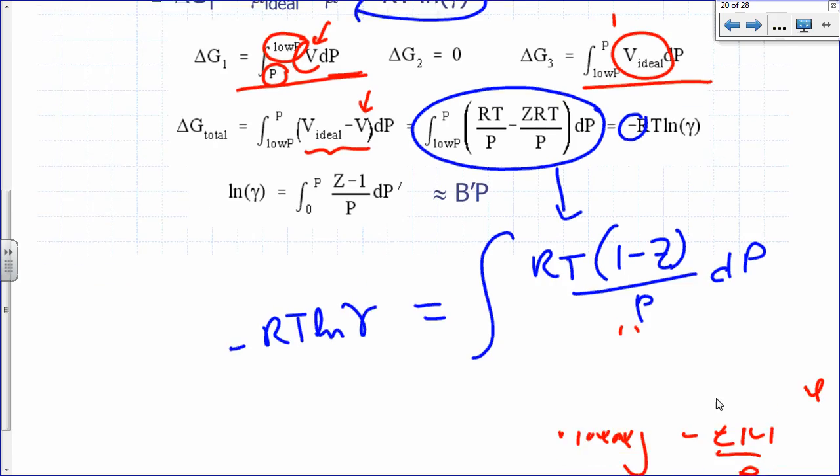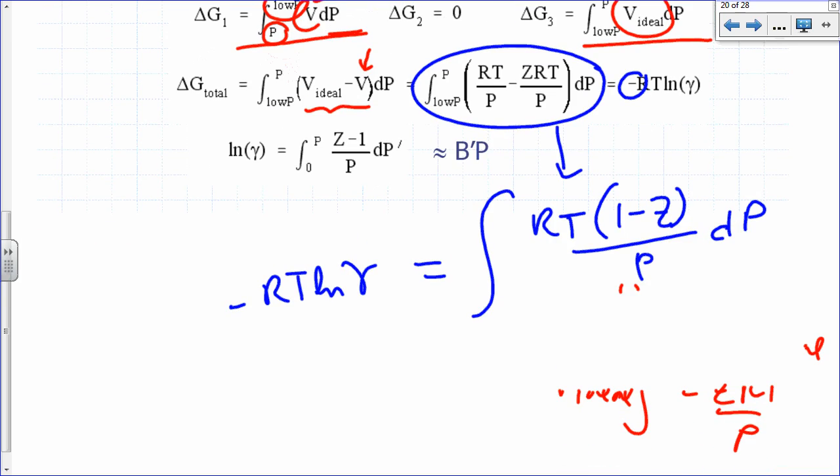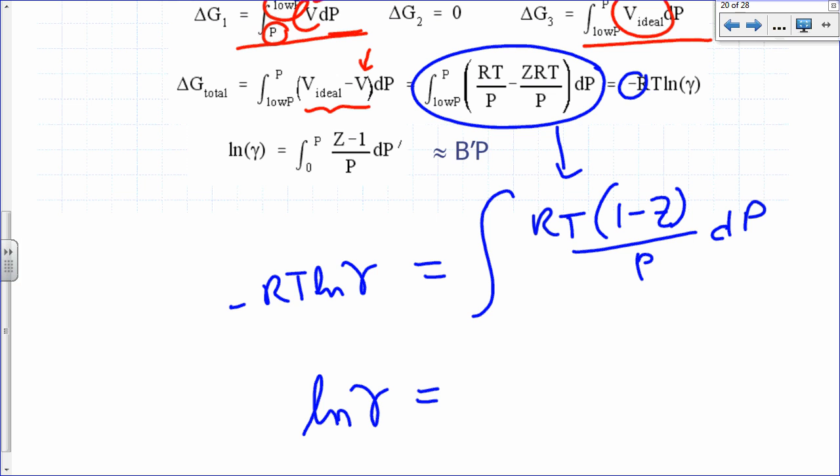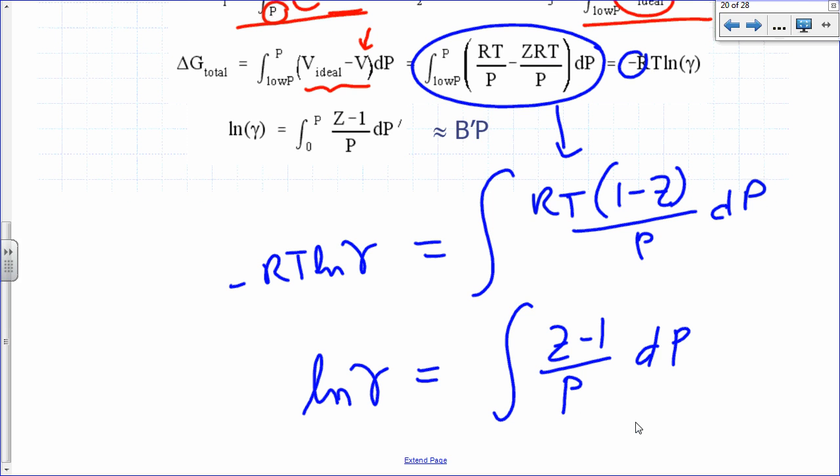So what do I have? Divide both sides by negative RT. I can say ln gamma is equal to the integral of negative of 1 minus Z, which is just Z minus 1, over P dP. And what is Z minus 1 over P dP?